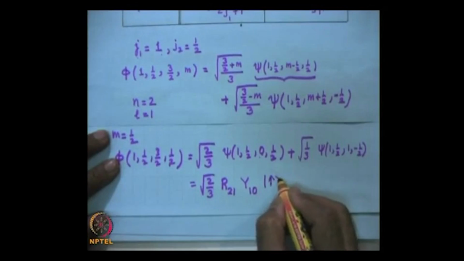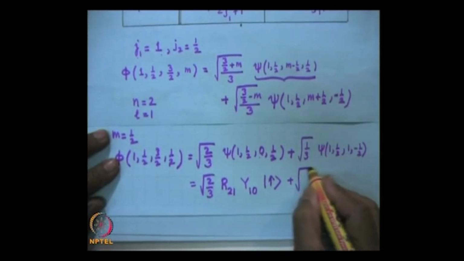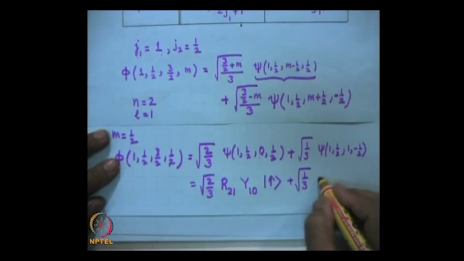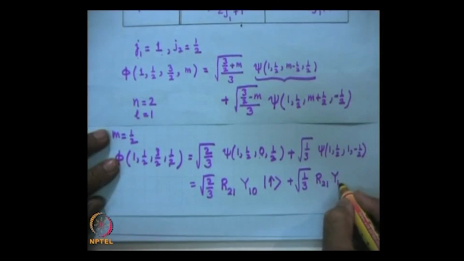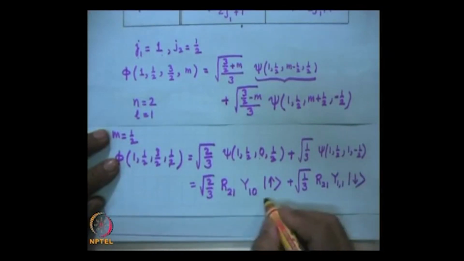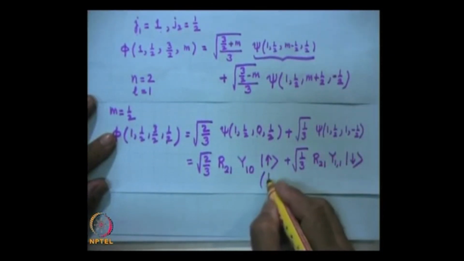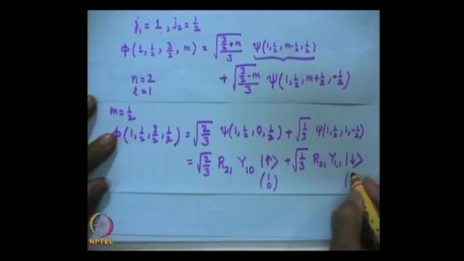This is the spin up state plus under root of 1 by 3 R 2 1 Y 1 1 spin down state. So, this is my 1 0 state and this is the 0 1 state.